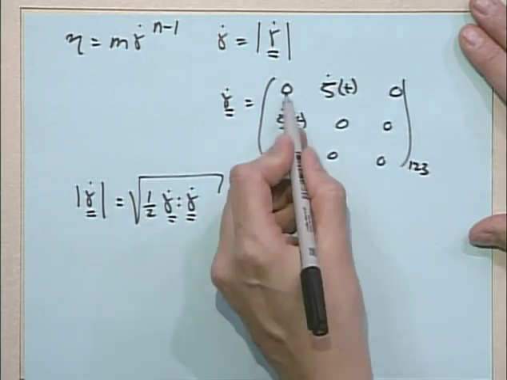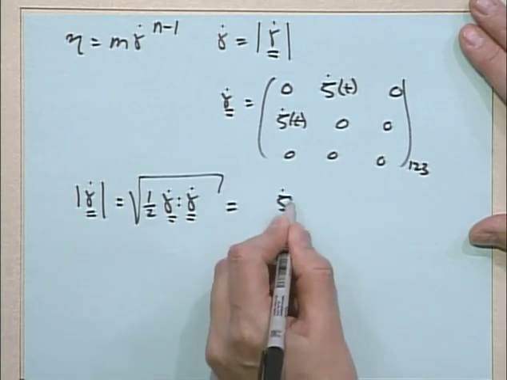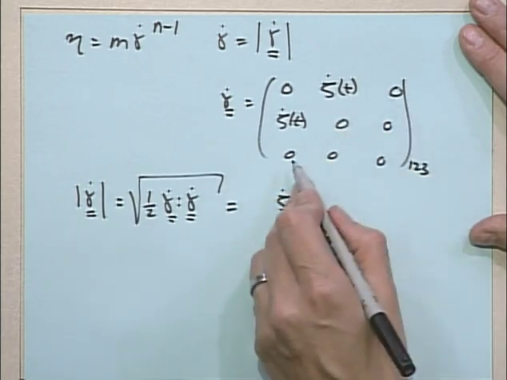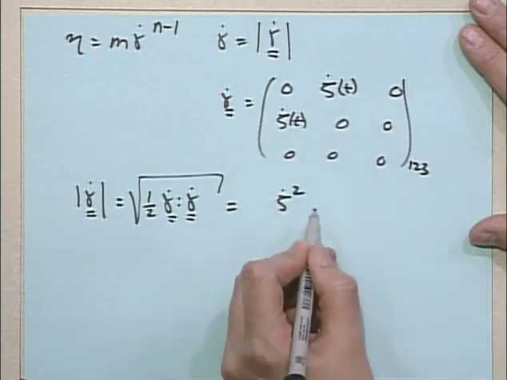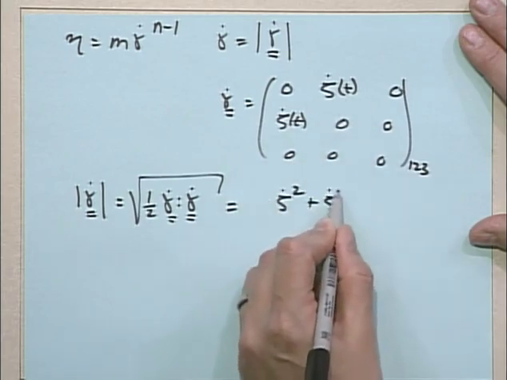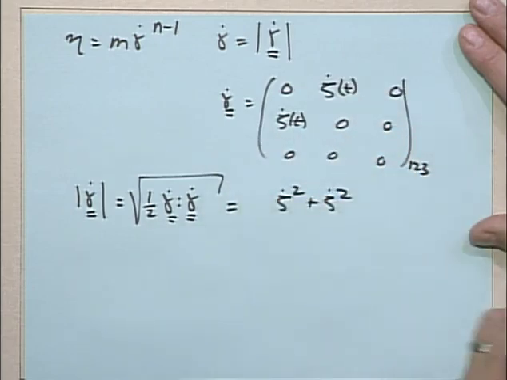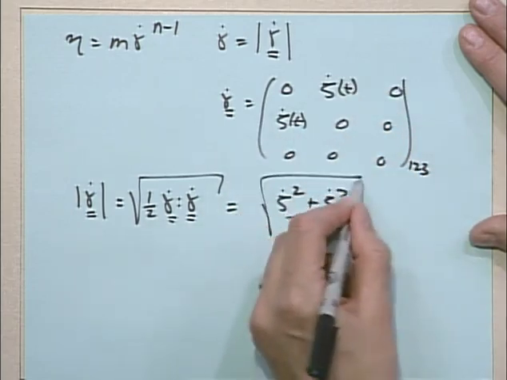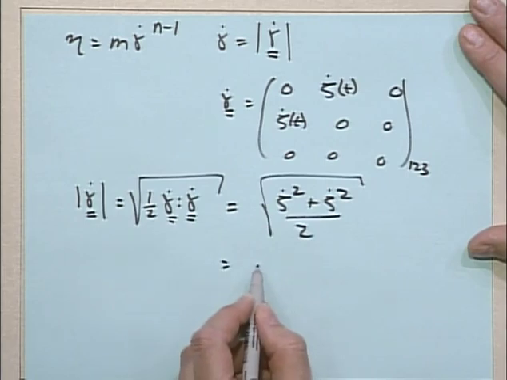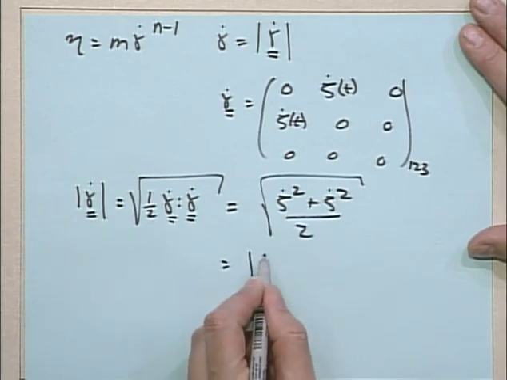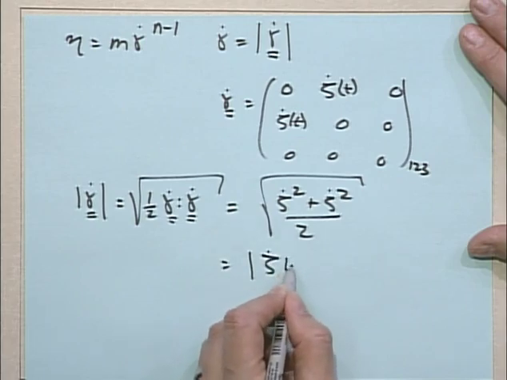So what we get is 0 plus sigma dot squared plus 0 plus sigma dot squared plus 0 plus 0 plus 0 plus 0 plus 0. And so it's equal to the positive value of sigma dot as a function of time.